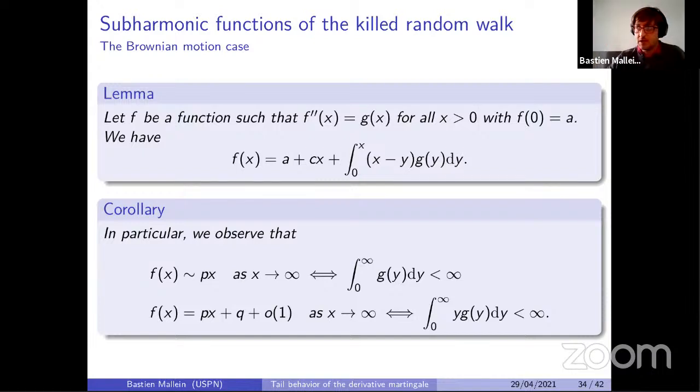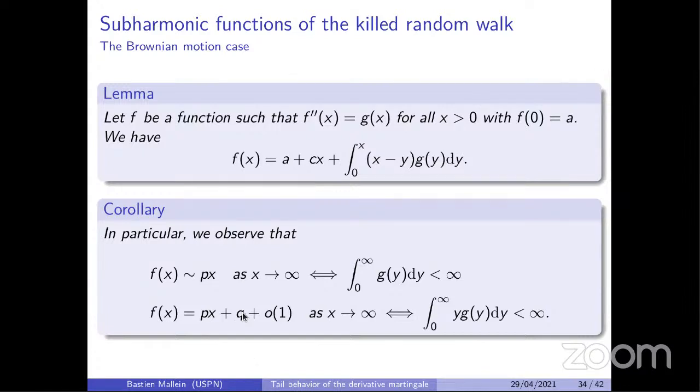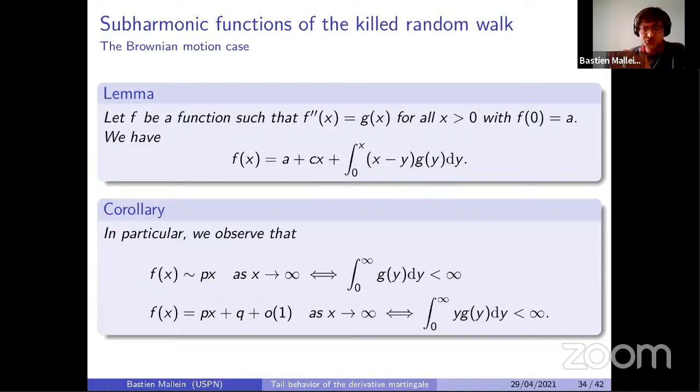The c in our theorem on the precise behavior of the expectation of the infinity indicator that the infinity is smaller than x is related to the second order of the asymptotic behavior of D, so to this constant q here, for example. And we don't have much control on what this constant is.